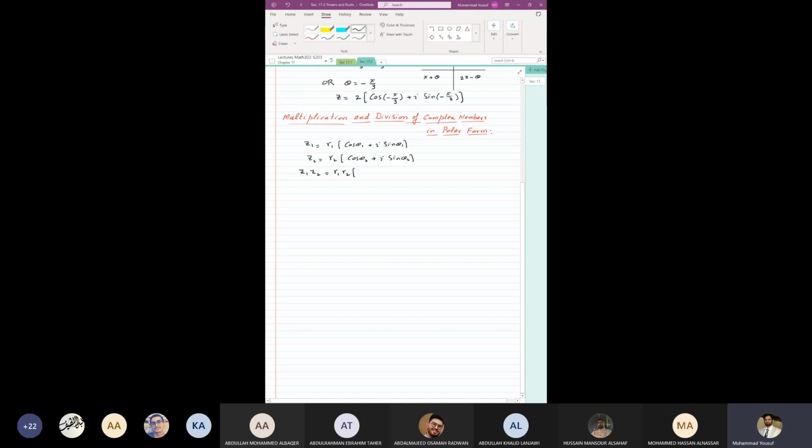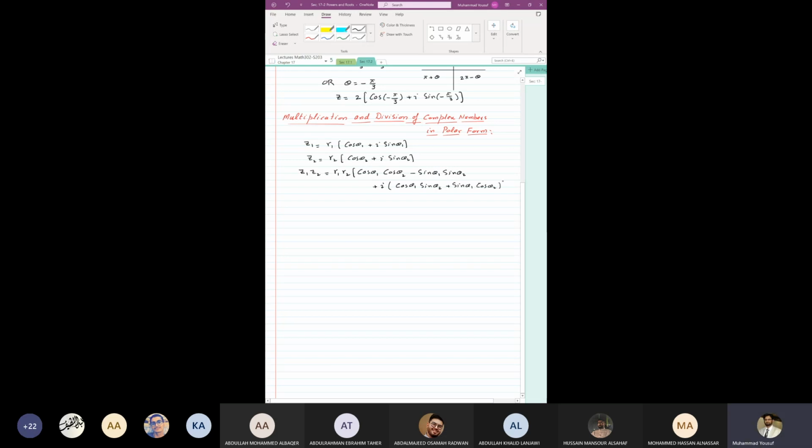Now inside the brackets, we multiply them, so we get cosine of theta 1 cosine of theta 2, real part, and minus, from i squared, sine of theta 1 sine of theta 2, plus the imaginary part, i times cosine of theta 1 sine of theta 2 plus sine of theta 1 cosine of theta 2.